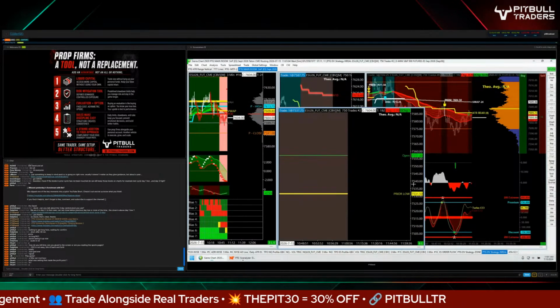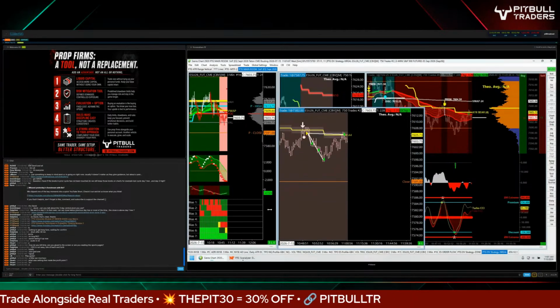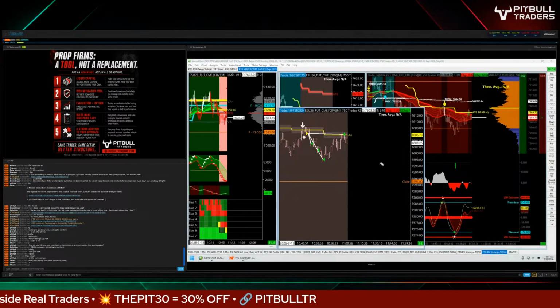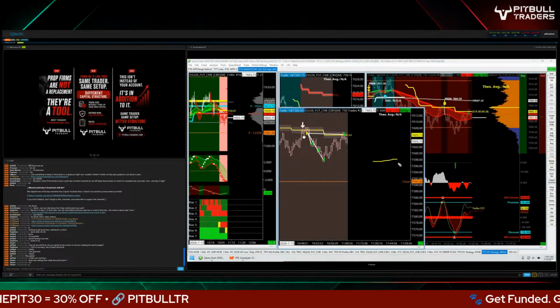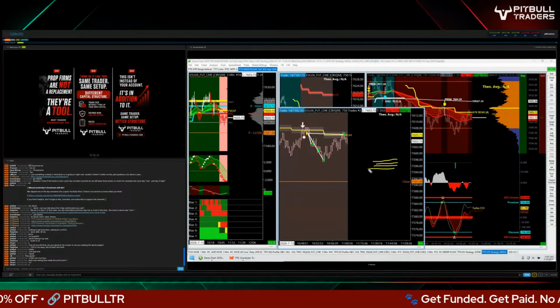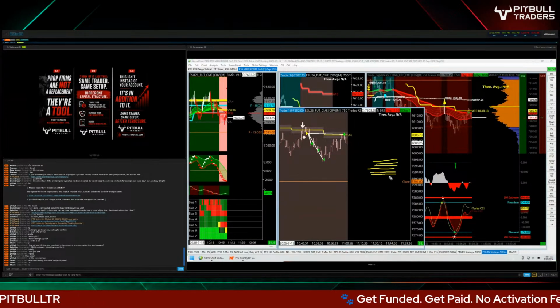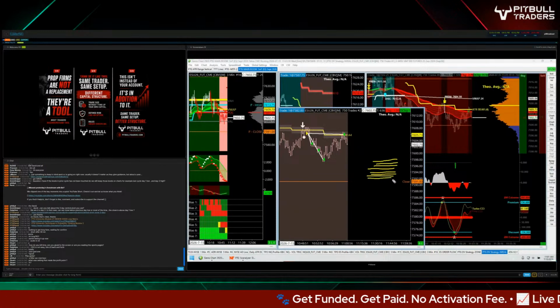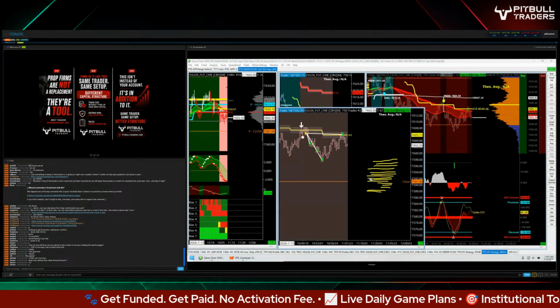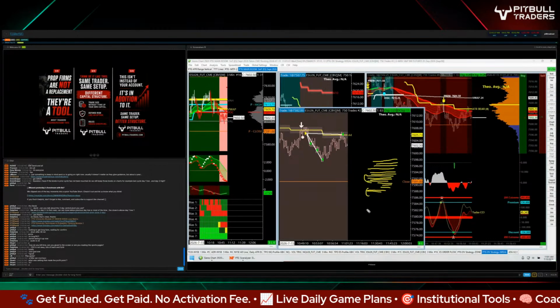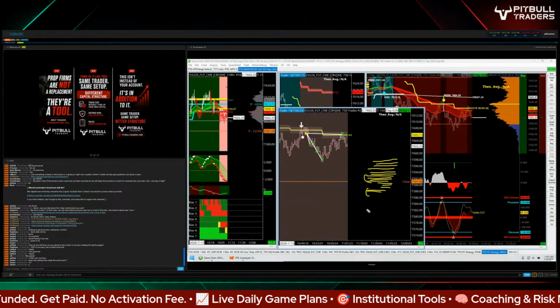So basically, if you think about a volume profile, you take all the historical data and you have all these data points. What you're looking for are high cluster frequency points over a data series.